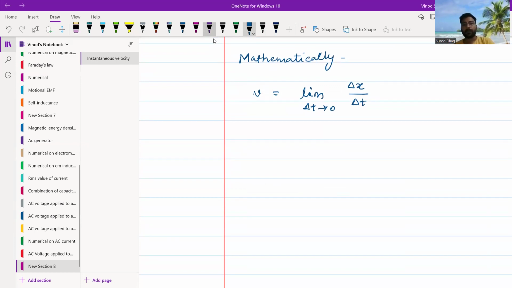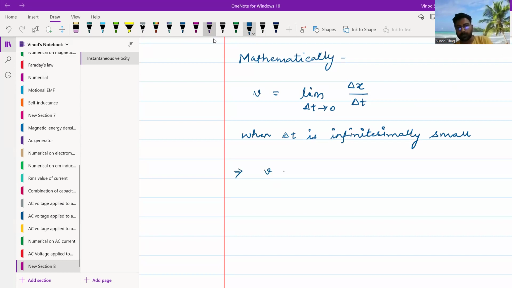Fine. Or we can say that when delta t is infinitesimally small, then we can write that the instantaneous velocity v equals dx over dt.